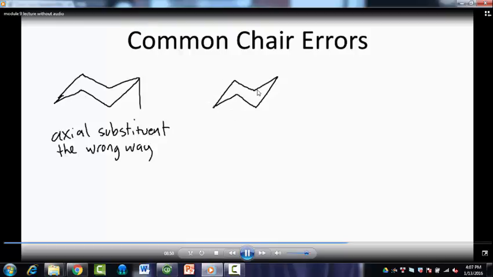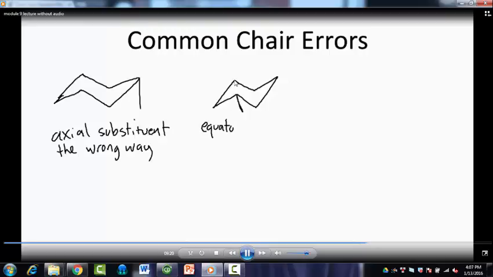Here, I drew another chair, and I think I'm going to draw an incorrect equatorial substituent now. So right here at this carbon, the two bonds in the ring come together to make a point that goes up. So I know the axial substituent should go up. So I know my equatorial substituent should go down at an angle. I drew it down and to the right. What's wrong with that?